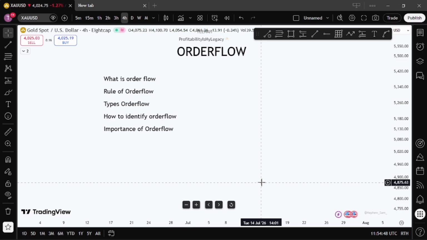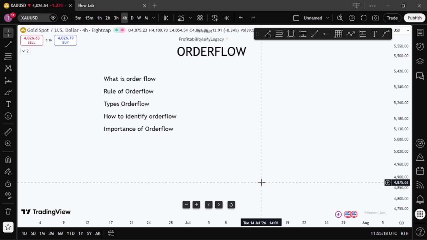Welcome back, guys. So we are going to be talking about the types of order flow, and we have two types of order flow. You can actually see them as four types of order flow, but I believe that the other two are under the major types that we have.